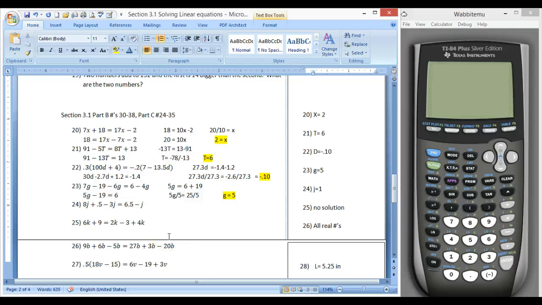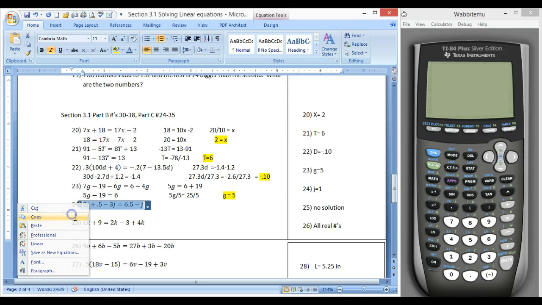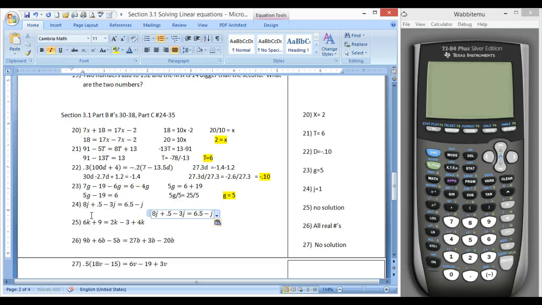Very similar to the previous example, number 23, I have 8j minus 3j. So I'm going to combine those on this side. And then I have this j on the right-hand side as well. Okay, so I have 8j minus 3j. Combining those gives me 5j.